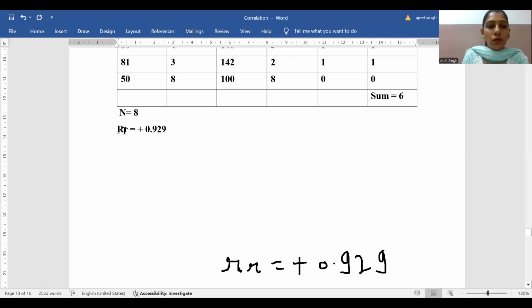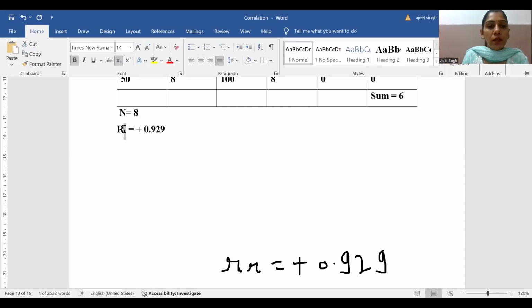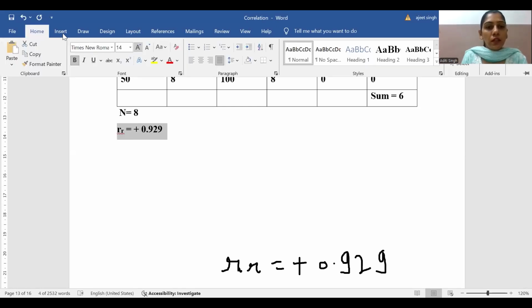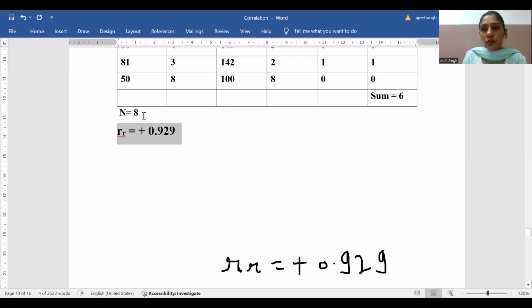Okay, so this is how we calculate coefficient of correlation with the help of ranking method. This is the answer. Now, I hope everyone understood the question.